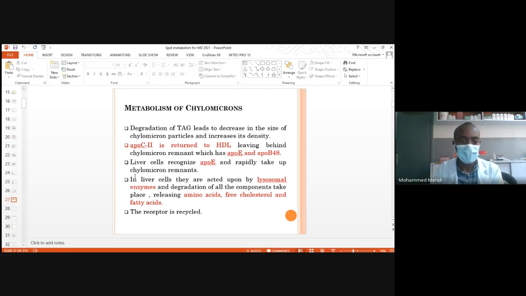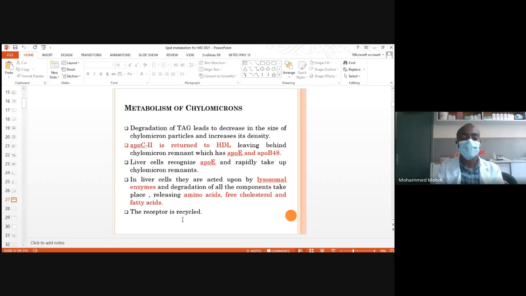Okay, in the liver cell there will be further degradation. It will be acted on by lysosomal enzymes and all the components degraded. As a result, amino acids from the protein part, free cholesterol, and fatty acids are released from the remnant chylomicron in the liver cell.